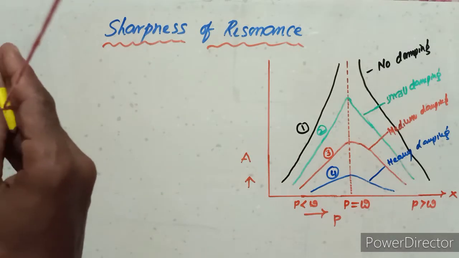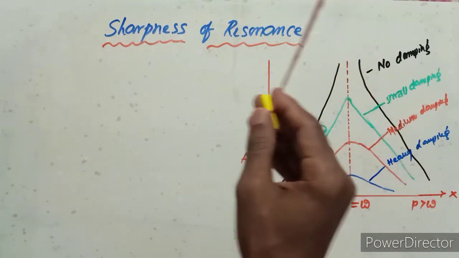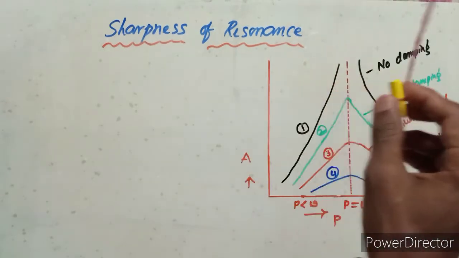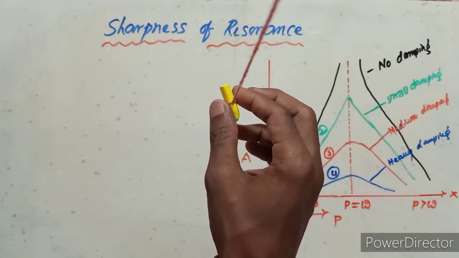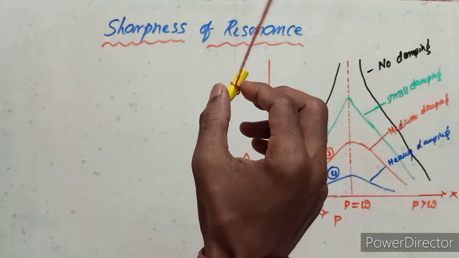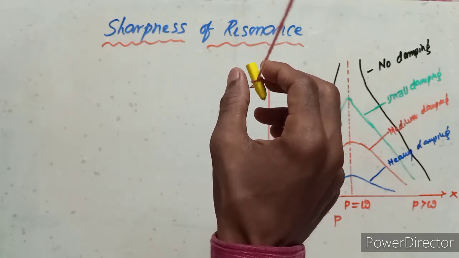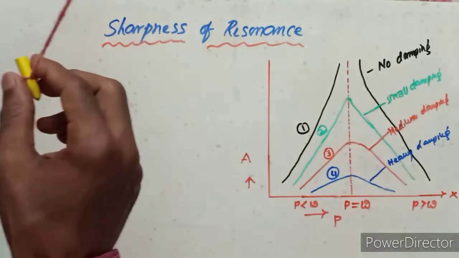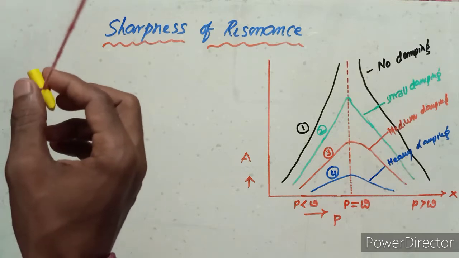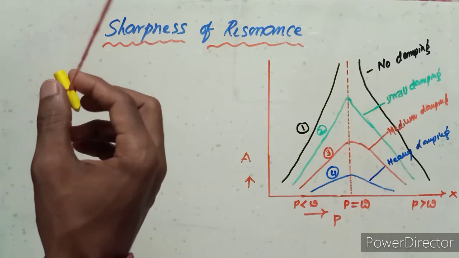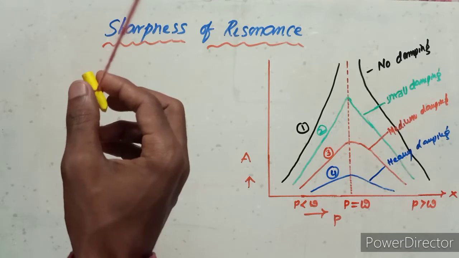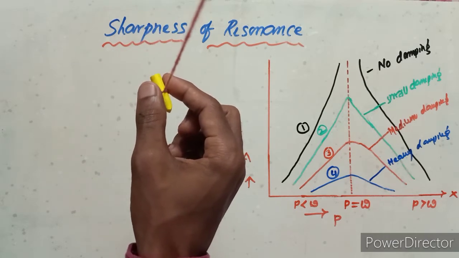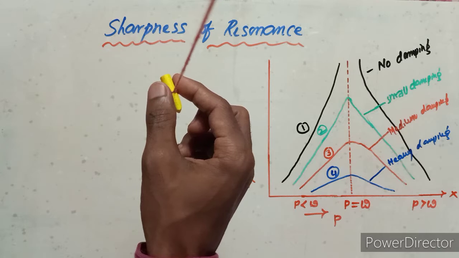So the amplitude is maximum at the mean position. In this position, the damping is heavy. There is no damping at maximum amplitude. Then as the amplitude is decreasing, the damping is increasing.